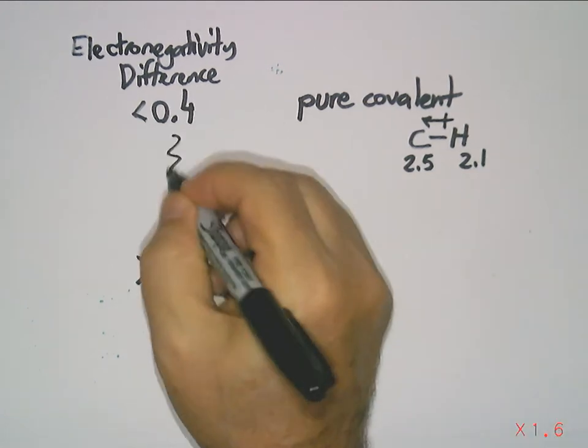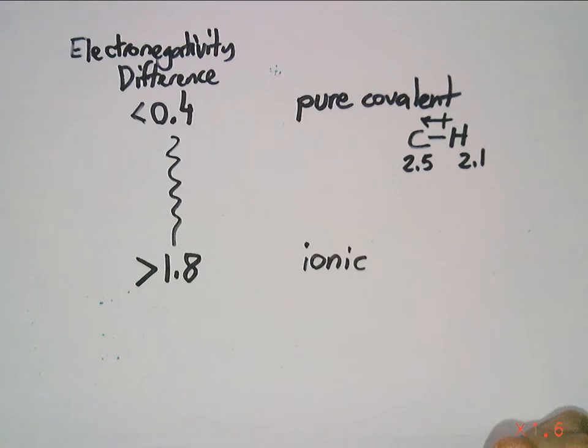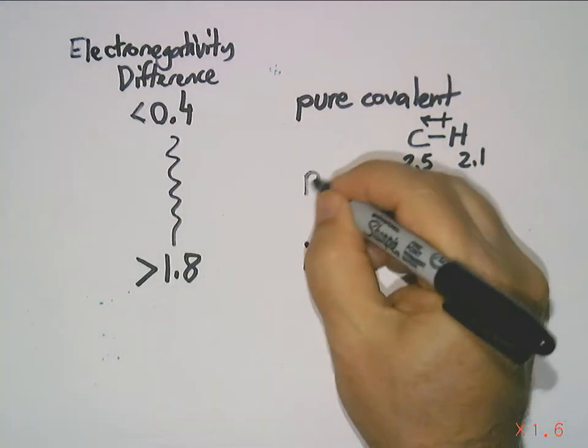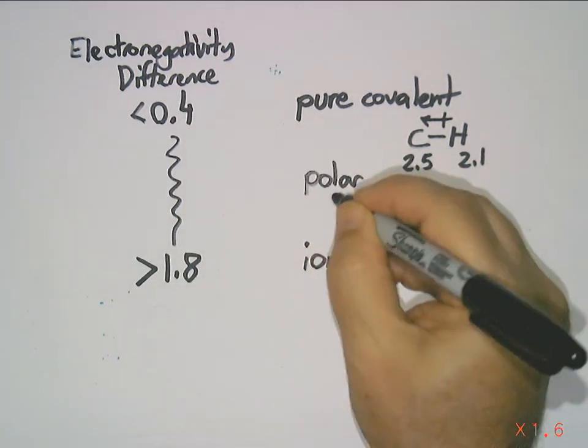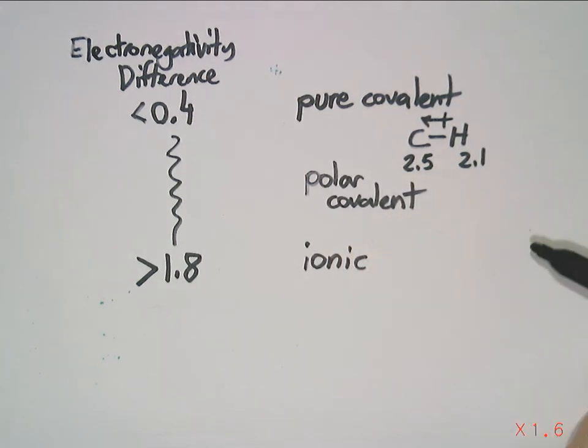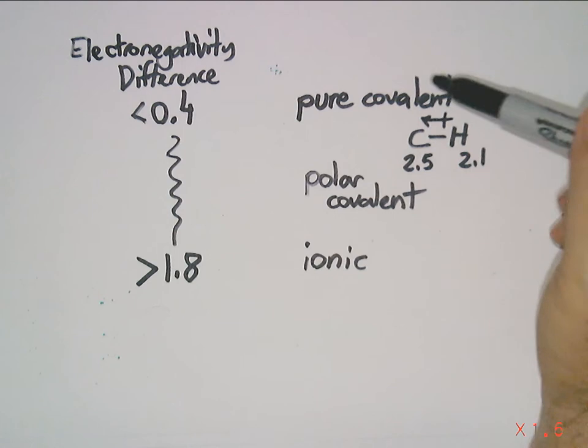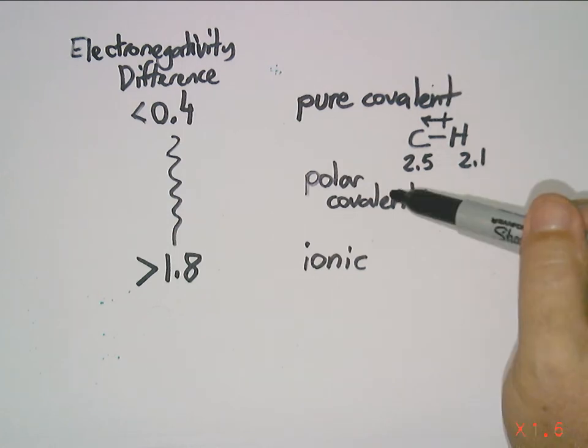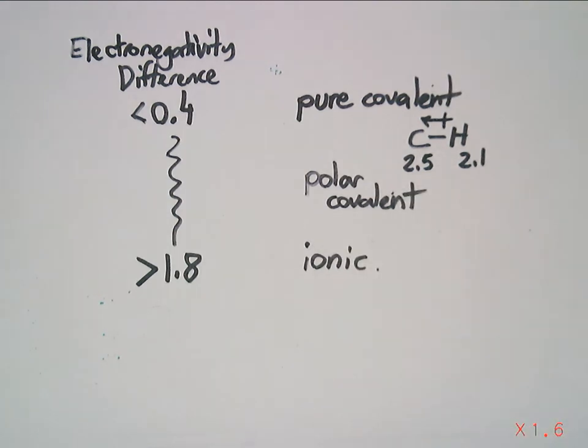And anything between these two extremes is going to be a polar covalent bond. So you're going to be asked to classify bonds as pure covalent, polar covalent, or ionic. You can do that on the basis of electronegativity differences.